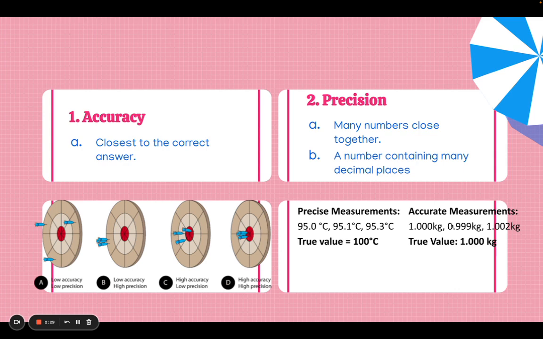And then in the second one, we see accurate measurements. If the true value is 1 and we have 1.000 and 0.9999 and 1.002, those are all fairly accurate. Obviously, the first two, because they're closer to 1, are more accurate than that third one. They're also fairly precise. They're really close together. Each number individually has quite a few decimal places, so they're also precise.